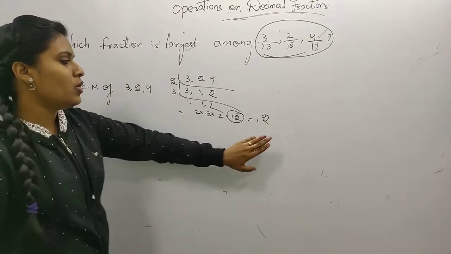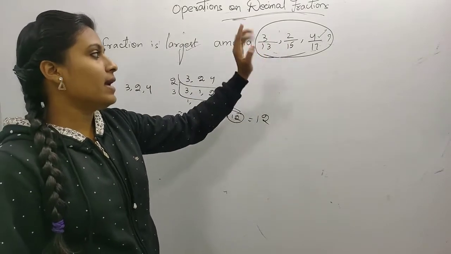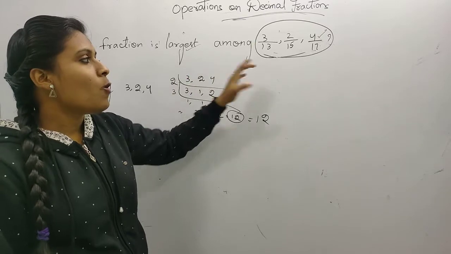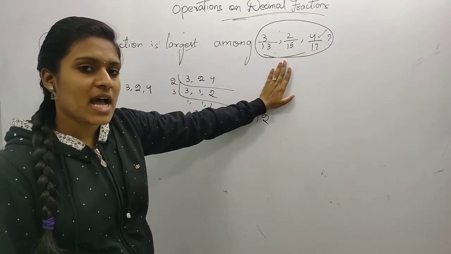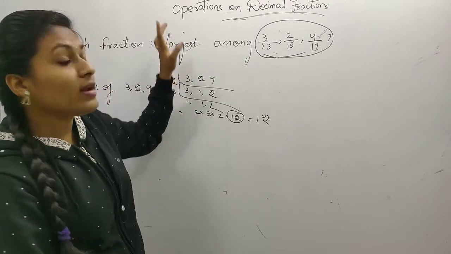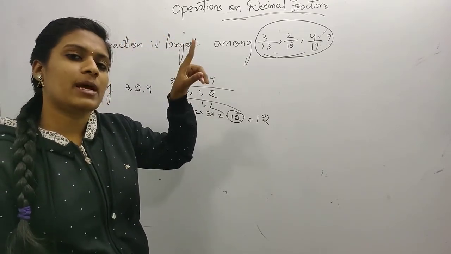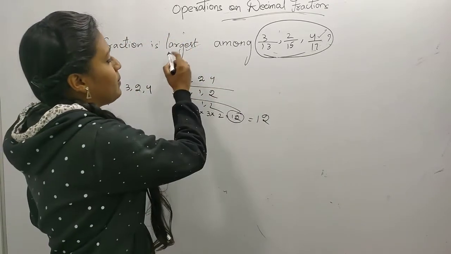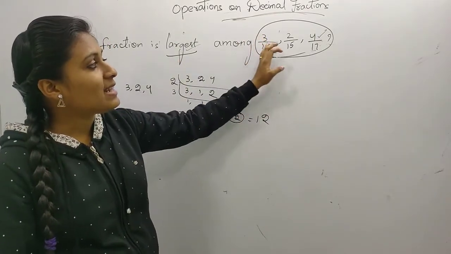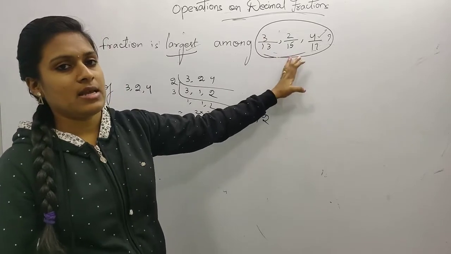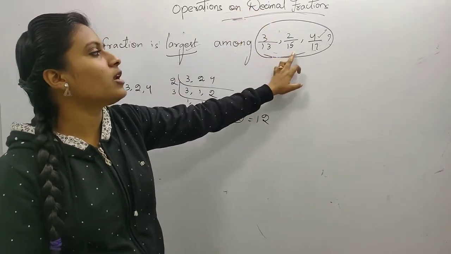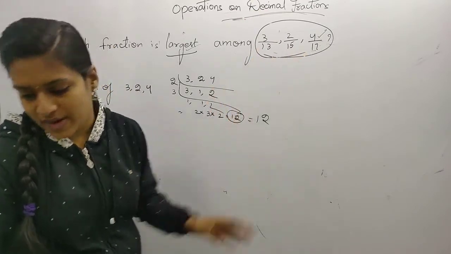Now we have to use this here. In the previously solved problem, I told you we have to make the denominators equal, and we arranged the sums in descending order. But here, what do we have to find? We have to find the largest one. For the largest one, the numerators must be equal and the denominators different.